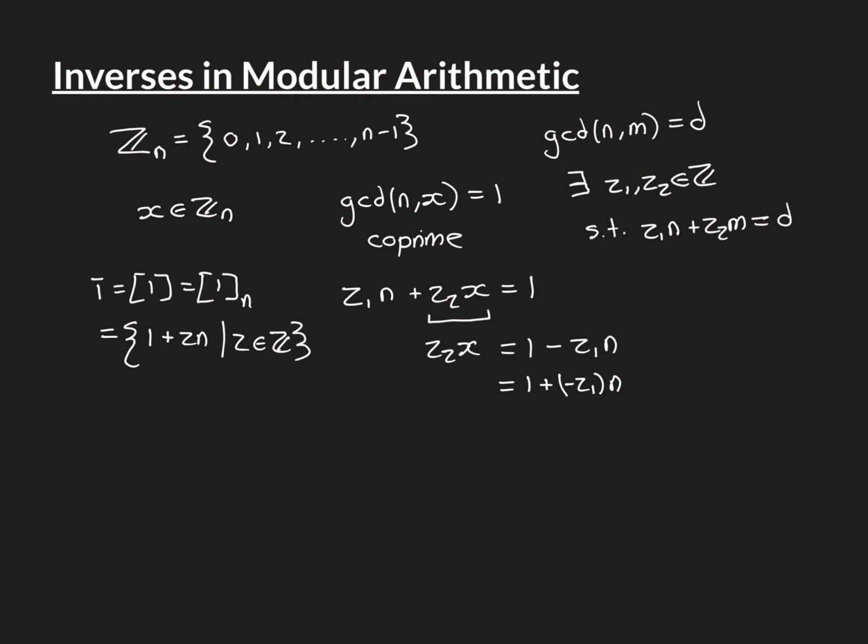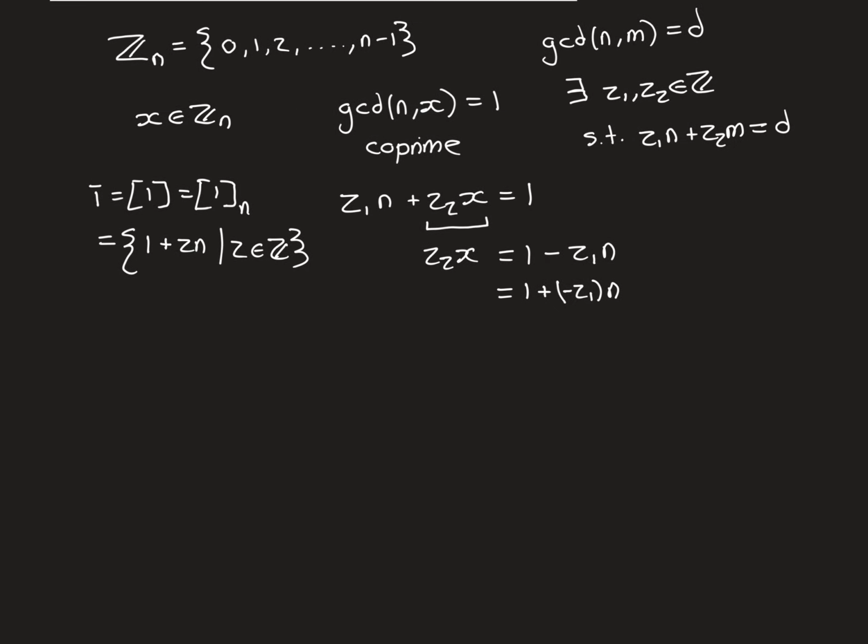And this is incredibly hopeful because we've got something times x giving you something that's inside the congruence class of 1. So if this thing was inside here, then if we multiplied the two of them together inside here, it would be giving us 1 as the answer, because the answer in the integers is something that's inside the congruence class of 1. Now, the one little problem is that z2 might not necessarily be inside here. However, we can get around that because z2 is guaranteed to be in some congruence class modulo n.